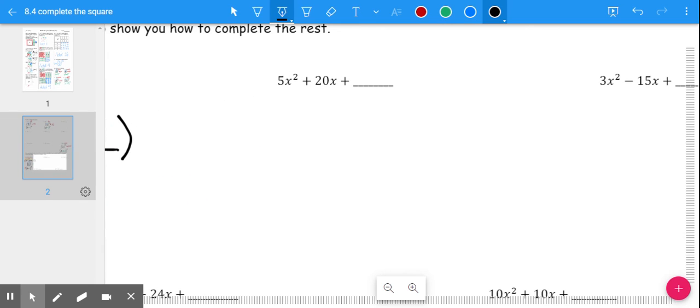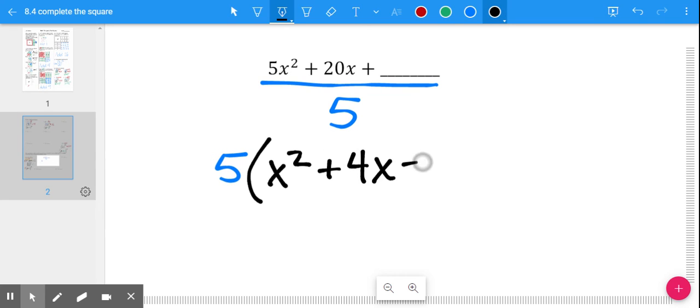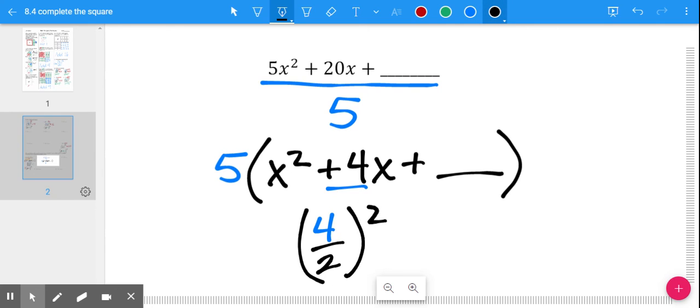So the next one, if I look at this, 5x squared plus 20x, they have a greatest common factor of 5. So we put the 5 on the outside, and on the inside we have an x squared plus 4x plus our unknown. So our b value is 4. So 4 divided by 2 squared. 4 divided by 2 is 2. 2 squared is 4.